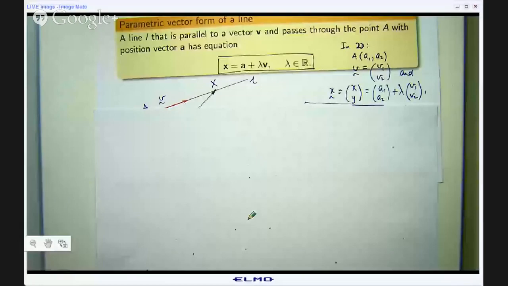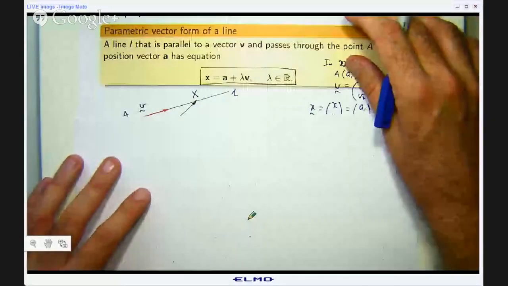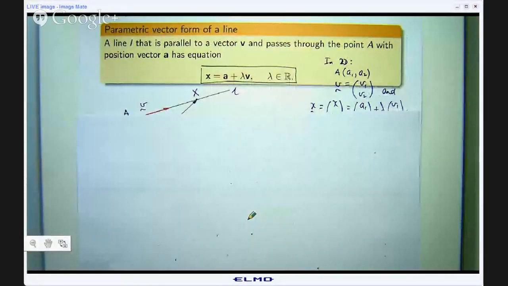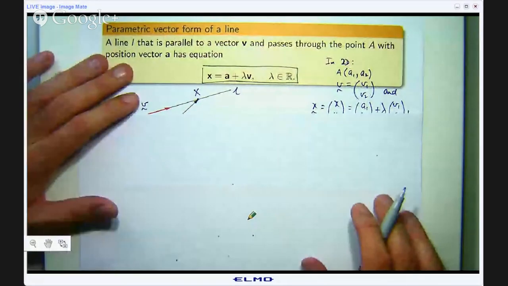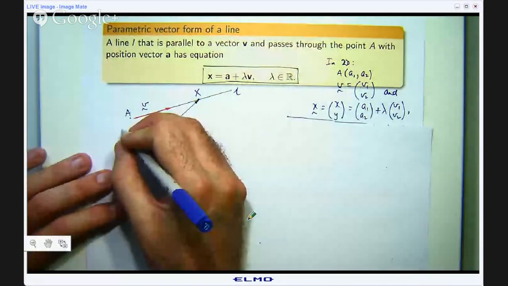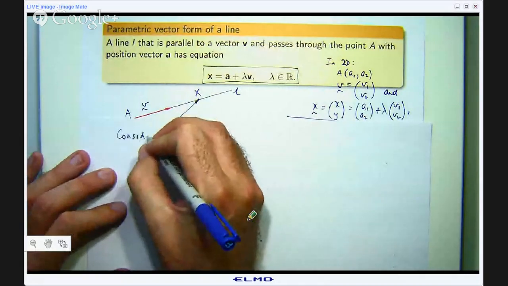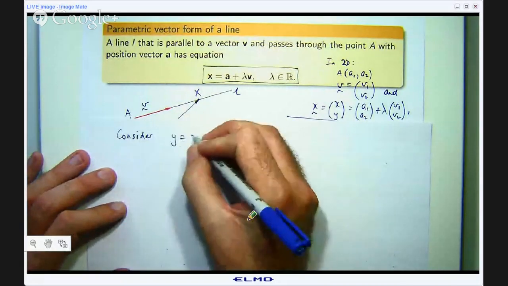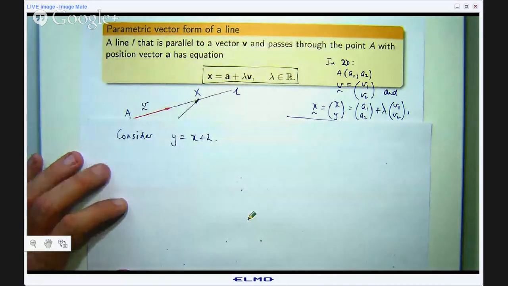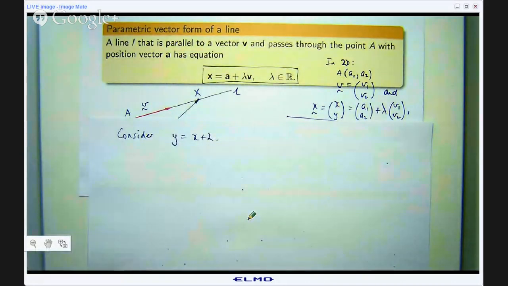Let me share my screen with you. All right, so in that picture, I had y equals x plus 2. Now just say I'm given that form, how can I get the parametric form?